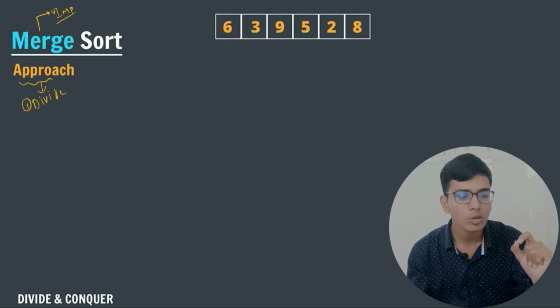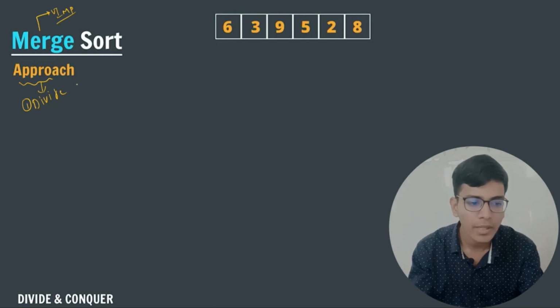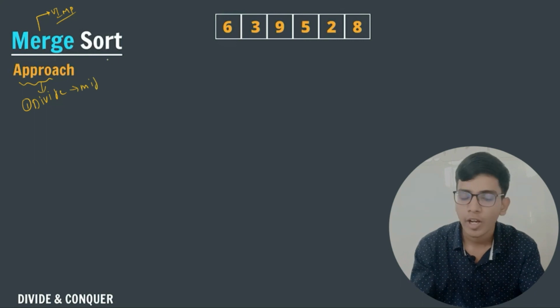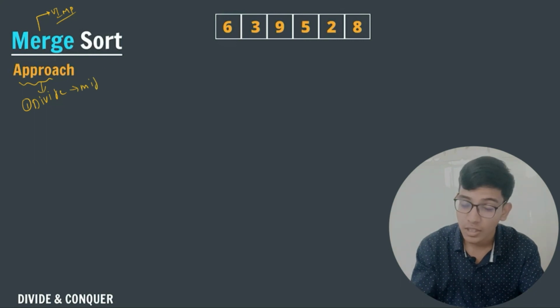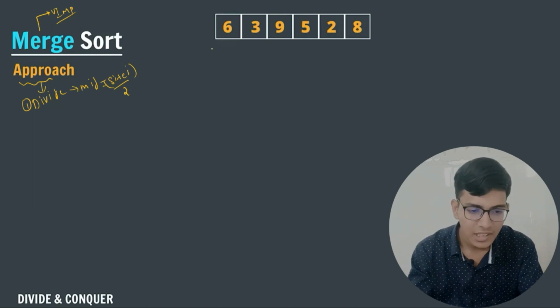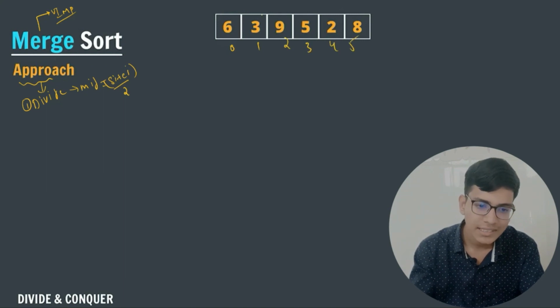Now the first step will be the dividing step. To divide, we need to know our mid, and we already studied in basic sorting algorithms that mid is equal to starting index plus ending index divided by 2. This is how I calculate my mid value, right? So these are my indexes 0 1 2 3 4 5. Now let us take that this is my mid.